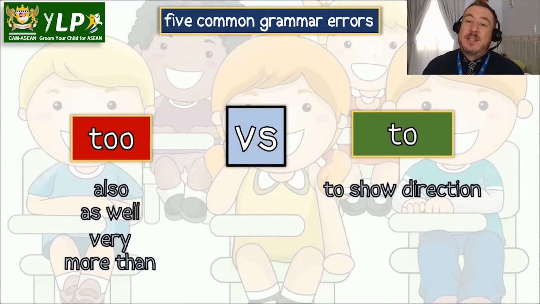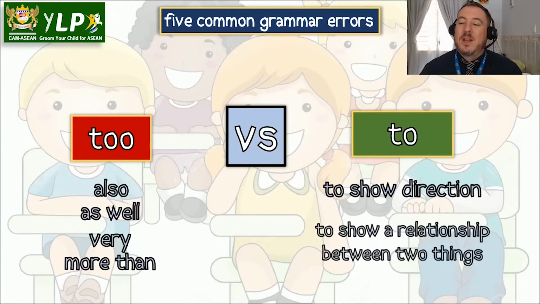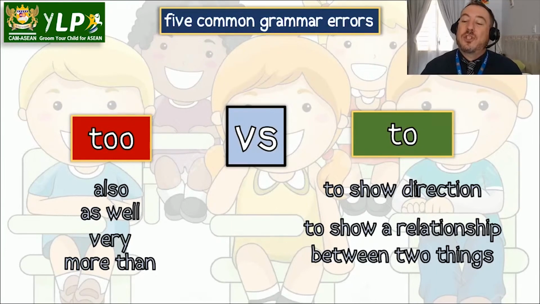Number one, it's used to talk about a direction. A direction is where something is going: forward, backwards, to the shops, to the left, to the right. And it can also be used to show a relationship between two things, how two things are connected to each other in the sentence. I'll show you an example.